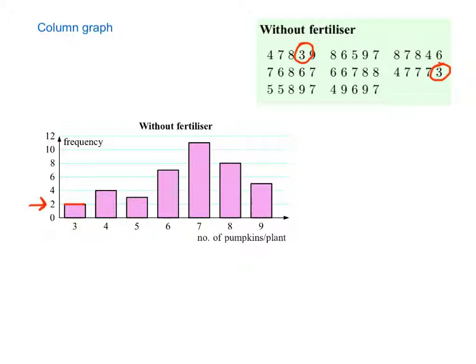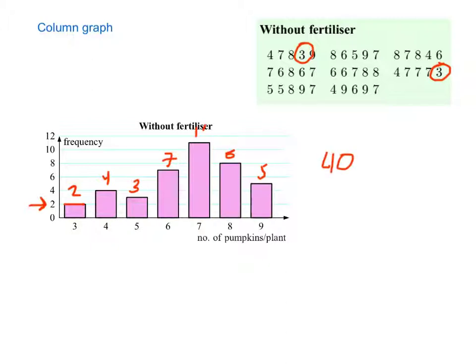And that's true for all the different numbers of pumpkins per plant. From this graph, I can quickly determine what the minimum number of pumpkins per plant is and the maximum. And with a little extra work, by adding up the values here, so 2, 4, 3, 7, 11, 8, and 5, I can determine how many total data points I have, which is 40.